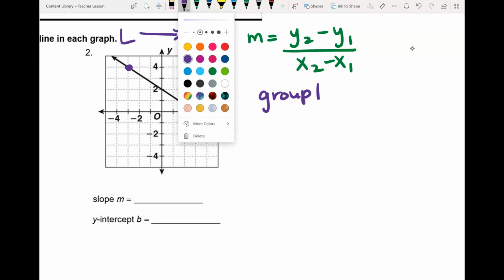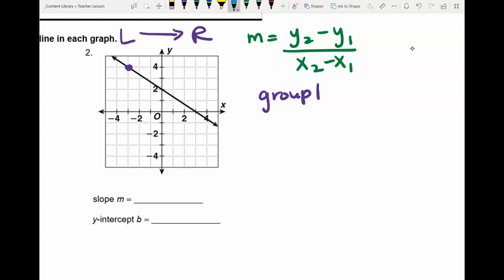That'll be group 1. Then we have group 2, and I'm going to find the easiest point on this line, and I'm just going to say, hey, I want to use whole numbers, so those are easiest. I'm going to find that point. And group 2 points are reading the x value first. It will be 3, and the y value is 0.